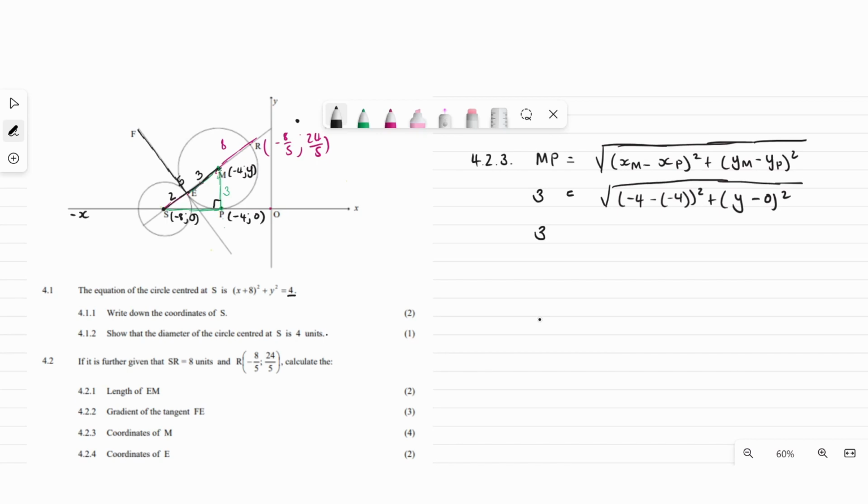Let's simplify this square root part. The square root and the square cancel out, making y equal to 3. So our coordinate is going to be negative 4 and 3, the coordinates of M.